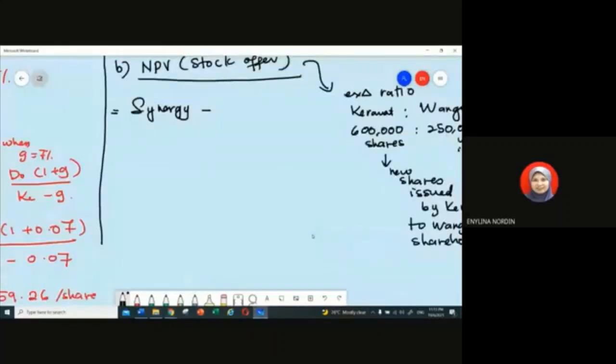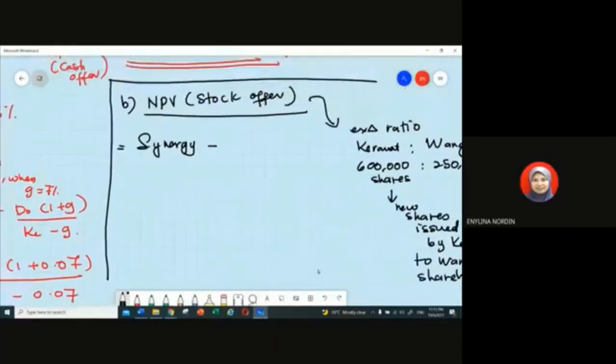Okay, class, let me explain again. This time we are going to do the second question, the calculation of NPV using a stock offer. The formula is still the same, synergy minus premium.